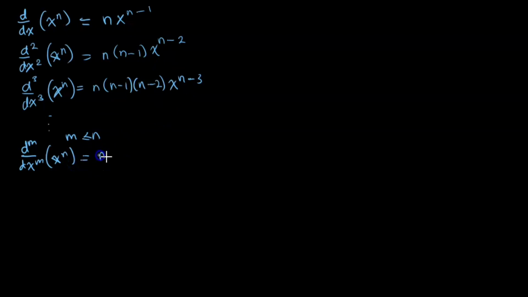This will be n into n minus 1 into n minus 2, okay, and so on and so forth, up to n minus m plus 1. Good. Then we put x raised to the power of n minus m. So you notice when the order is 3, it will be x raised to the power of n minus 3, and here will be n minus a number less than the order. So that's what we have.